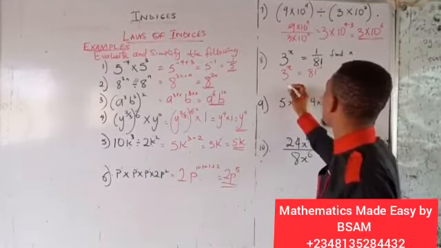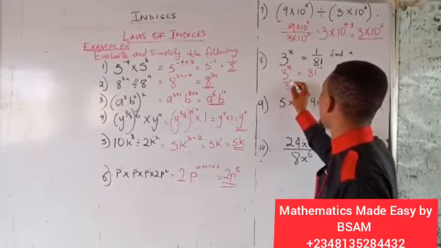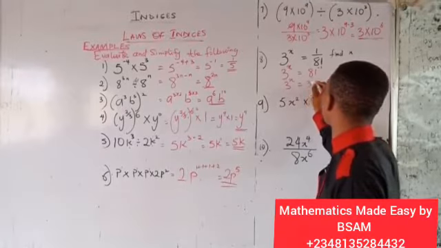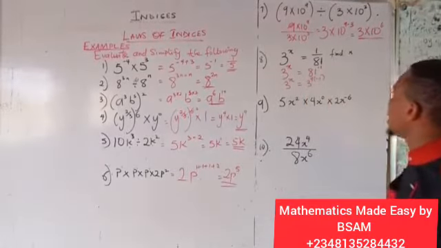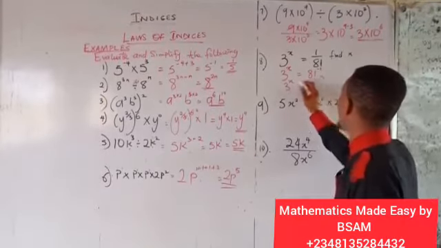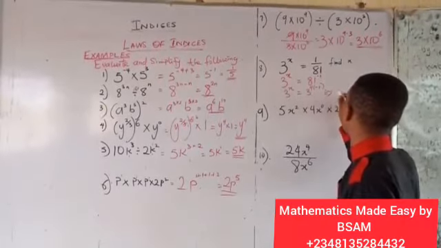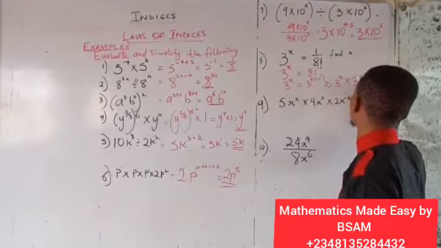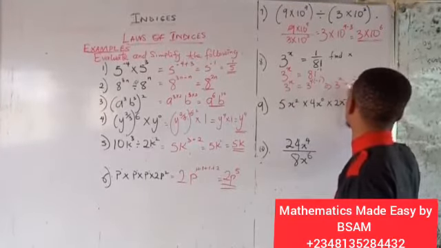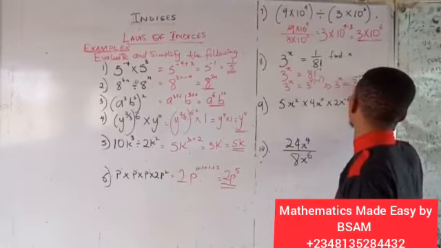I can also write it by saying 3x is equals to 3 raised to the power of 4. Okay, then, which means everything here implies 3x is equals to 3 raised to the power of minus 4.